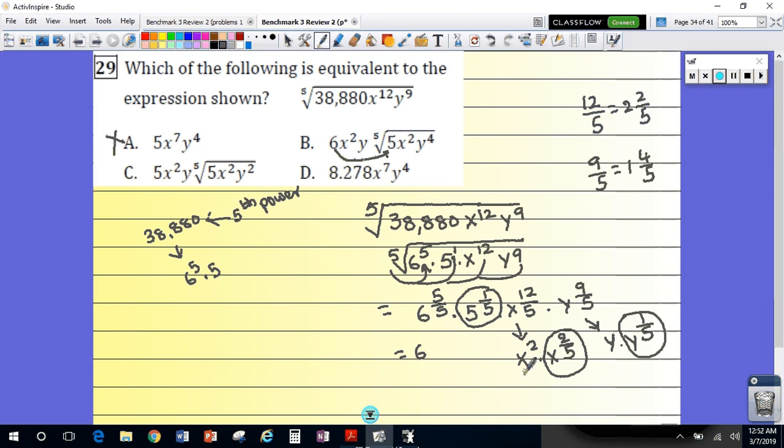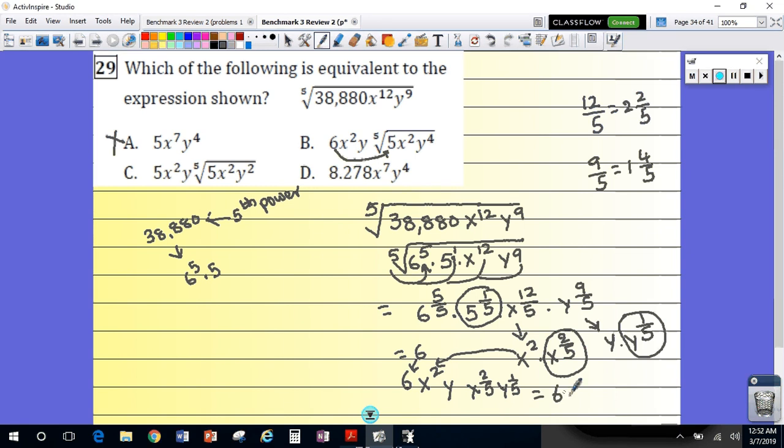So for the remaining, everything you can write as after 6, so I'm bringing down this 6 x square, this x square I'm bringing here, and what else, y. You have here x to the exponent 2 over 5 and y to the exponent 1 over 5.